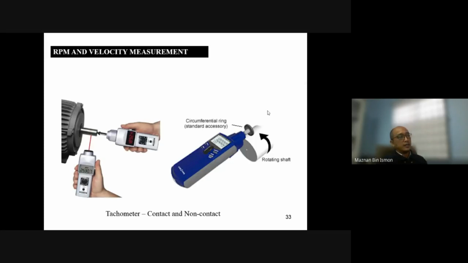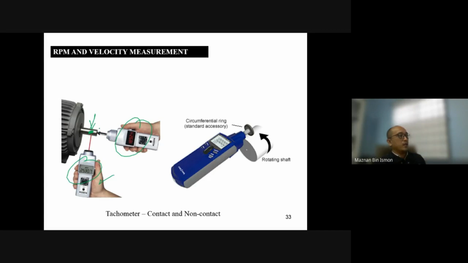I just want to show you how to use the velocity measurement or RPM measurement. Over here, this is the contactless tachometer, where you can point at the shaft over here, so we can see its speed later. Okay, you can place a reflector over here. This is the contact type. The earlier one was contactless, this one is contact.